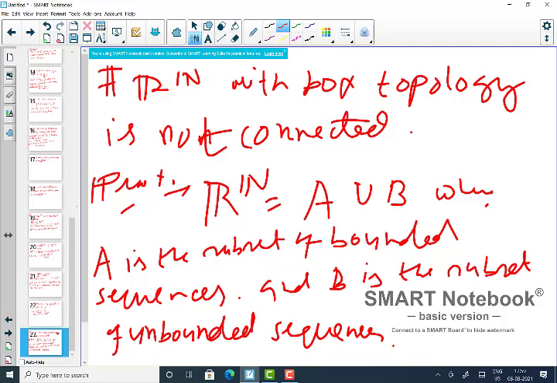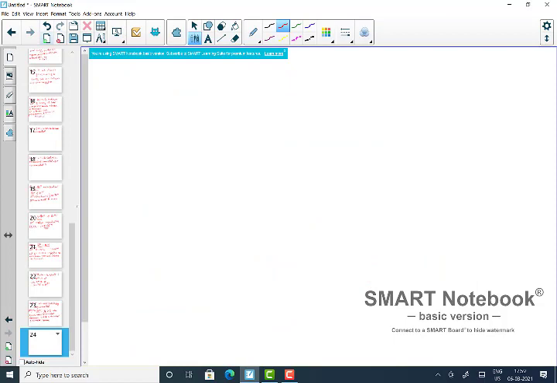That these two are disjoint is obvious, because a sequence cannot be both bounded and unbounded. If I show that both are open, I am done, right? And both are open, that is also easy. That means every point of these is an interior point, right? So you choose a sequence x, which is x1, x2, and so on, inside A.